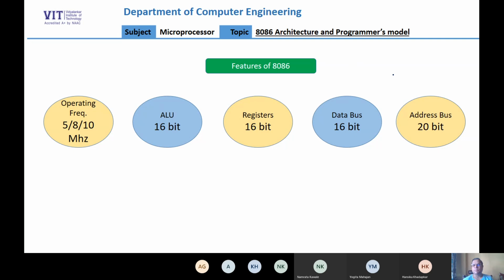So to calculate the memory space, I have to calculate 2 raised to 20, and that much address space it is able to address. 2 raised to 20 is equal to 1 megabyte.